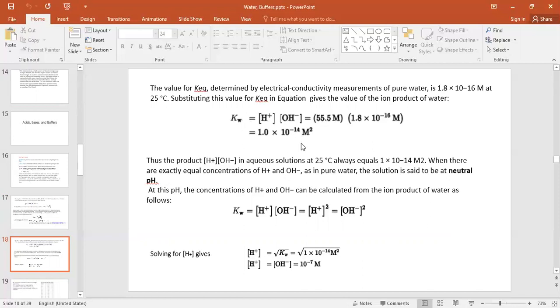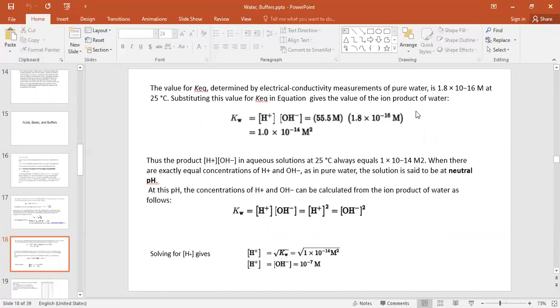So don't forget that this constant is determined by electrical conductivity measurements of pure water, and is equal to 1.8 times 10 power minus 16 moles at 25 degrees Celsius.